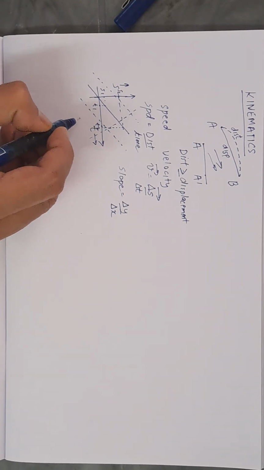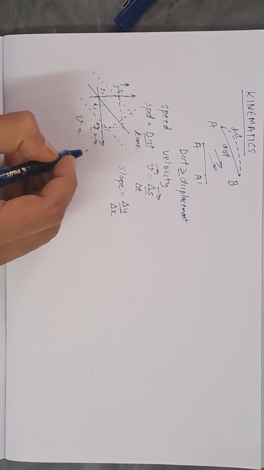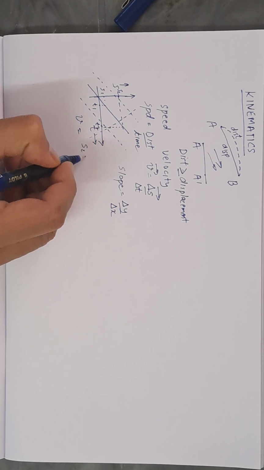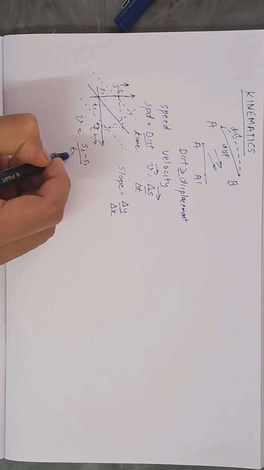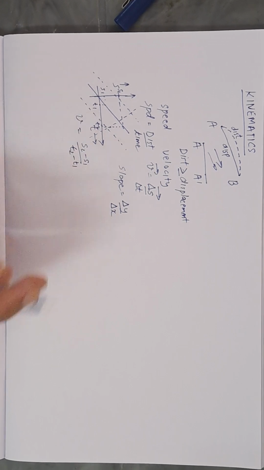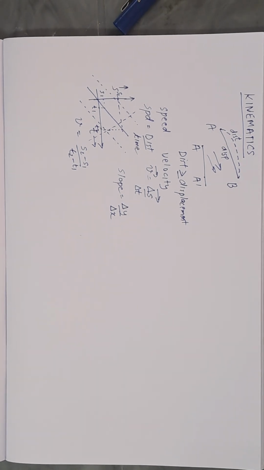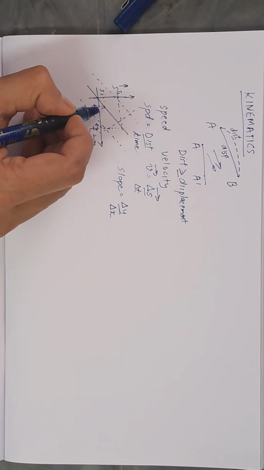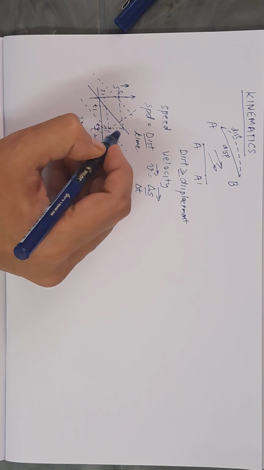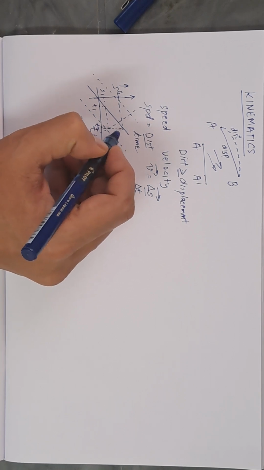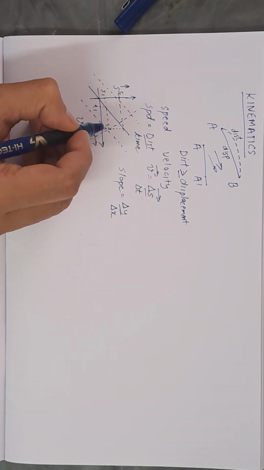Now velocity will be S2 minus S1 divided by T2 minus T1. So in other words, velocity will be equal to this by this.